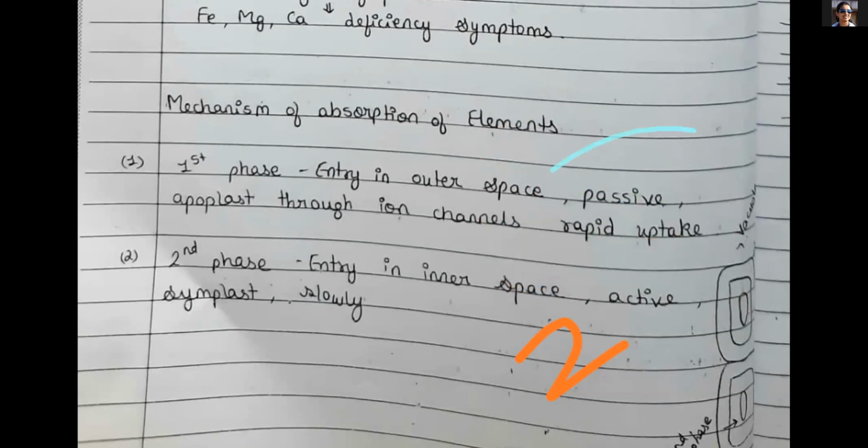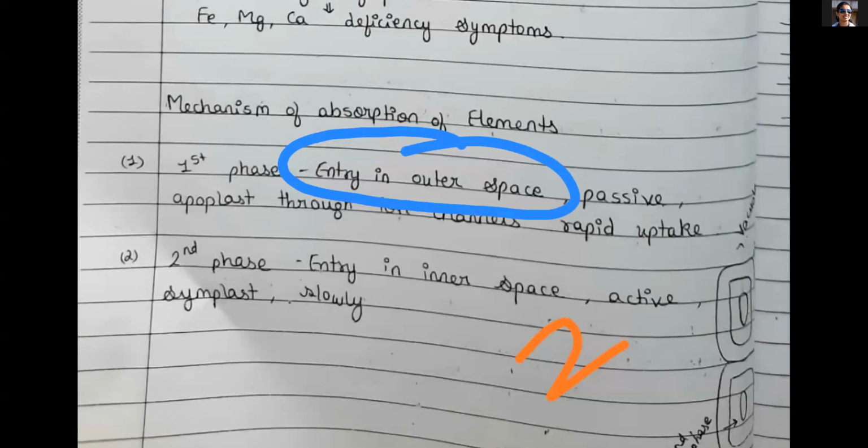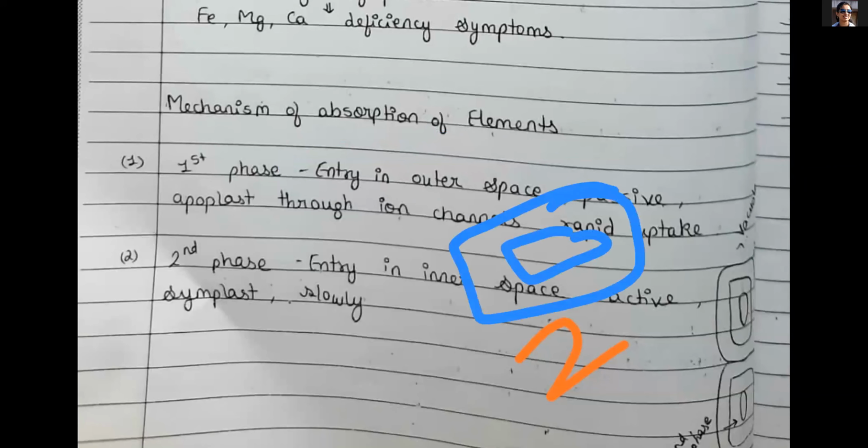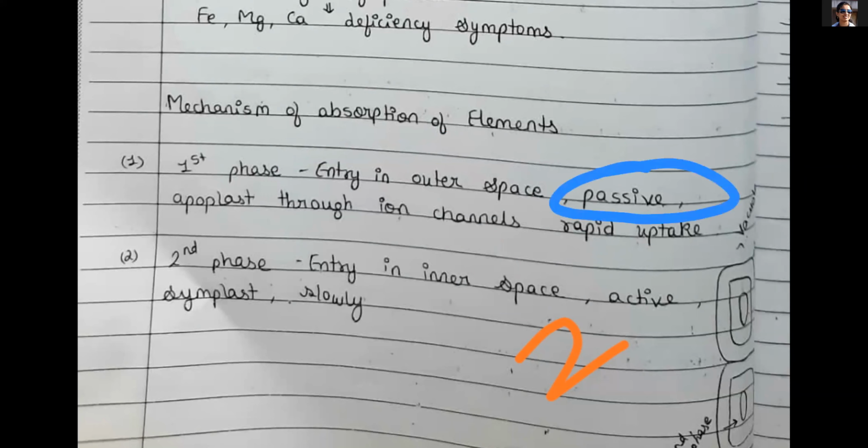Now, the first phase is entry into the outer space. The elements enter the first phase, meaning what? From cell wall to cell wall, in this part. That is a passive process, right? Apoplast through ion channels, rapid uptake.